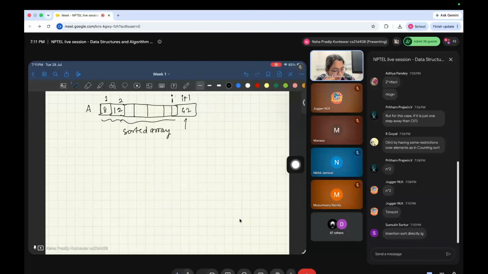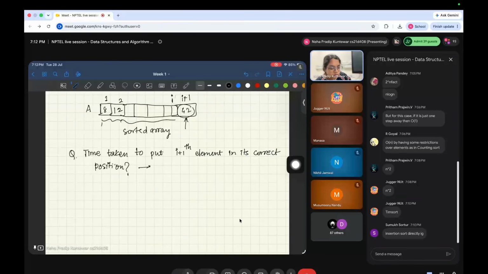So what is the time taken to place this 42 in its correct position, given that the array before it, A of 1 to I, is sorted?